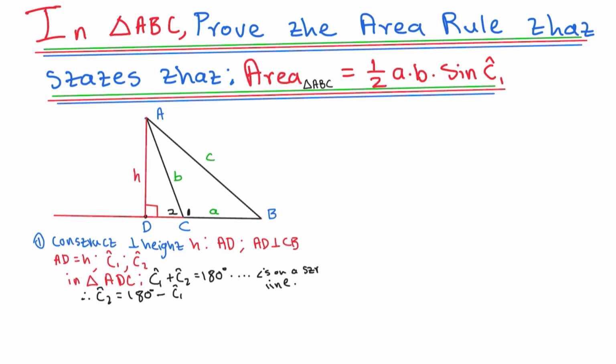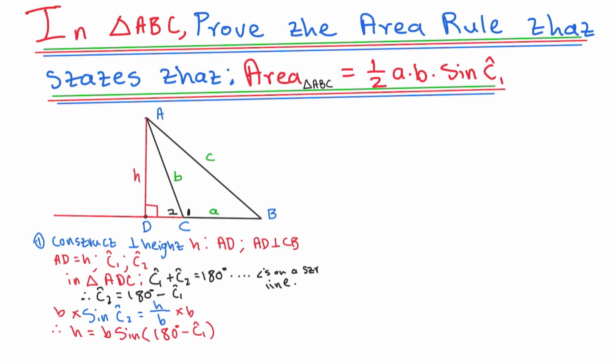So sine C2 is equal to opposite, which is H, over hypotenuse, which is B. If I want to make H the subject of the formula, I multiply both sides by B, and then H is B sine C2. Remember, C2 is 180 minus C1, so where I see C2, I substitute 180 minus C1. So H is B sine of 180 degrees minus C1.